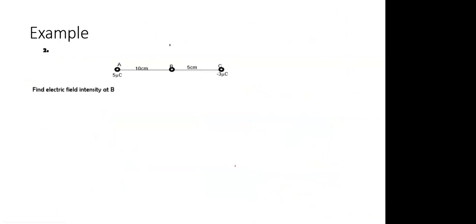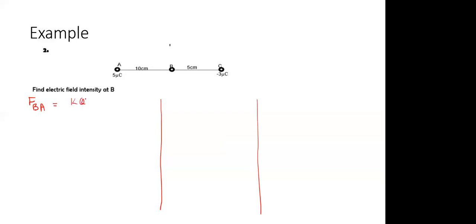So we have another number here, still asking us to find the electric field intensity. I'm going to ask everyone to calculate what is the electric field intensity at point A due to point B. So I want you to calculate.